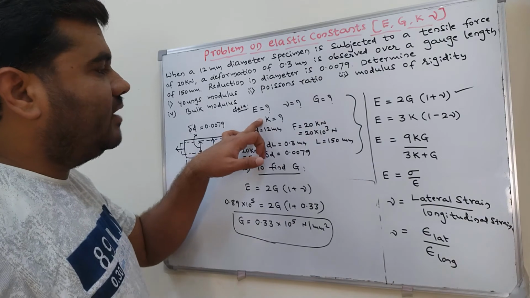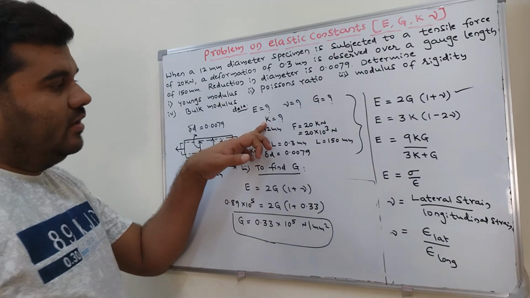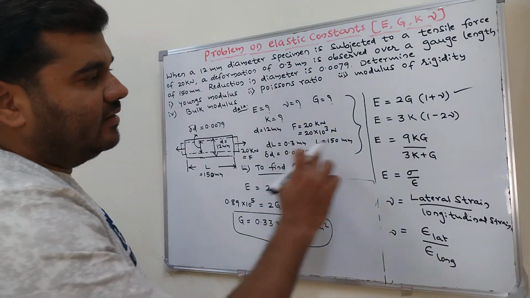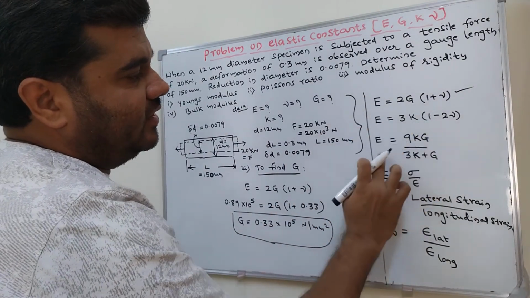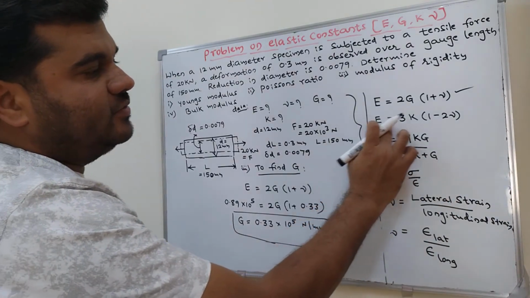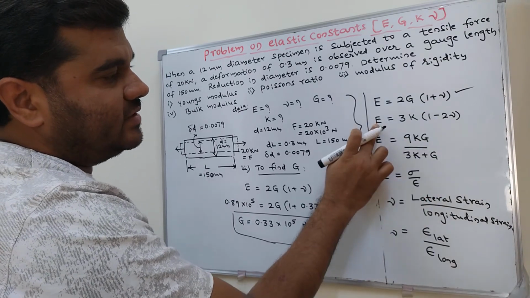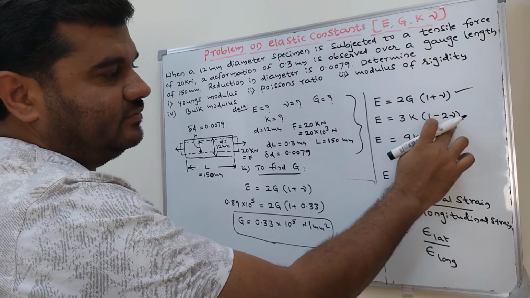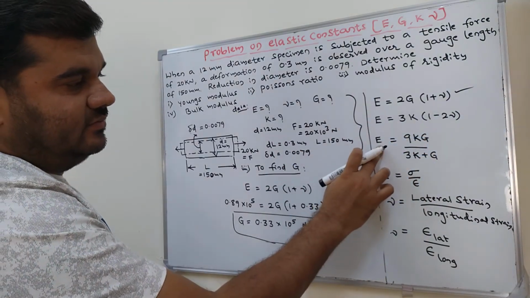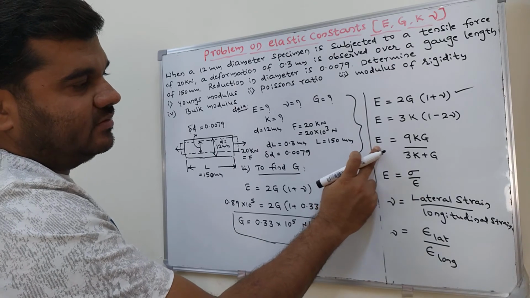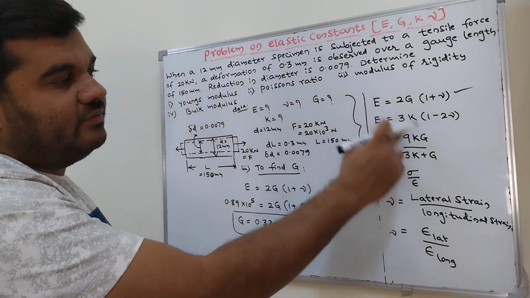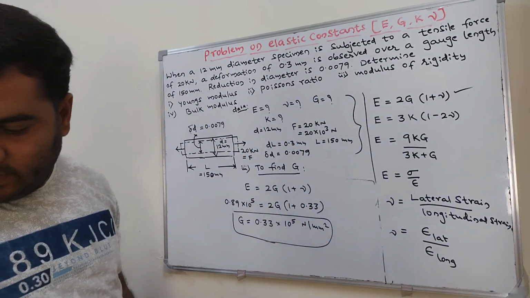Next, the last one is bulk modulus, K. To find out K, which equation do we need to use? K is either in this equation or in this equation. We can use any one equation. If I use the first equation, I know Young's modulus and I know Poisson's ratio, so I can easily calculate K. In the second equation, I know Young's modulus and modulus of rigidity, so I can easily find K. You can use any one equation.